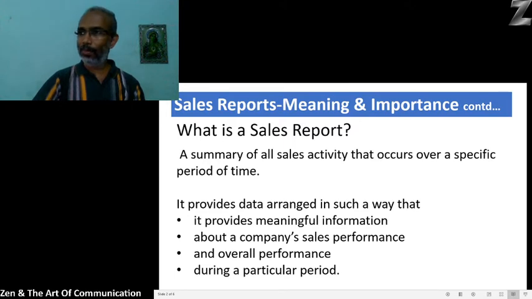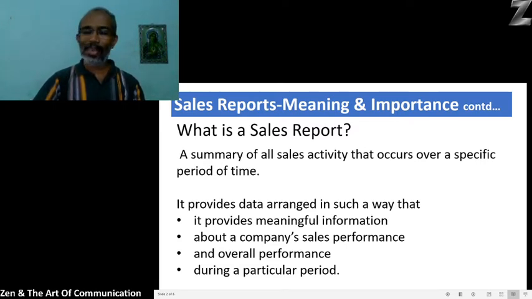What is the contribution of a particular product to the company's overall sales? What is the contribution of sales of a particular division to the company's overall performance? A sales report does not just give sales data alone, it also provides data related to the contribution of sales as a division or department to the company's overall performance.